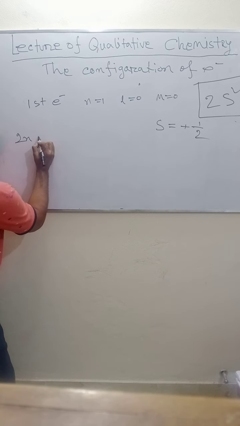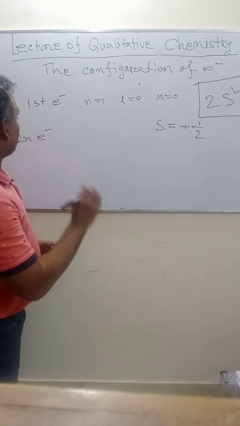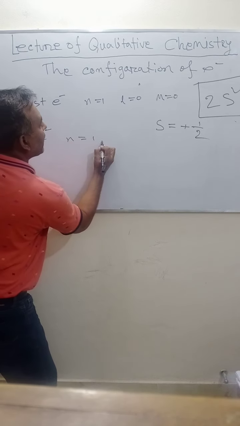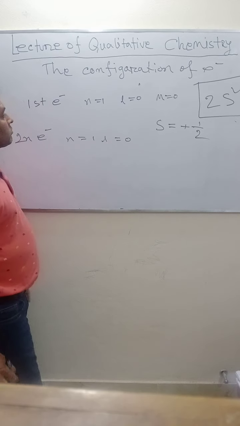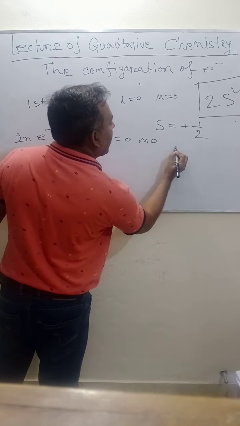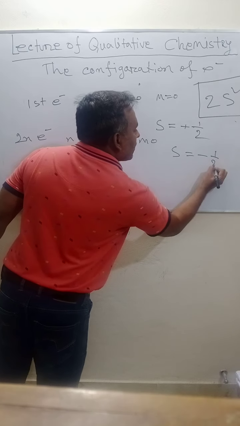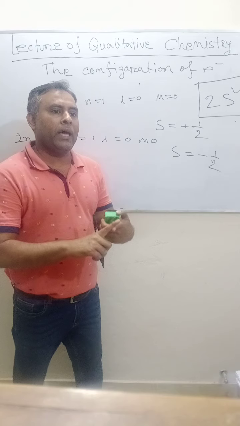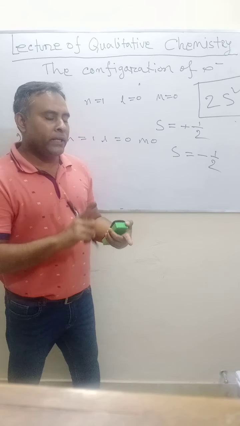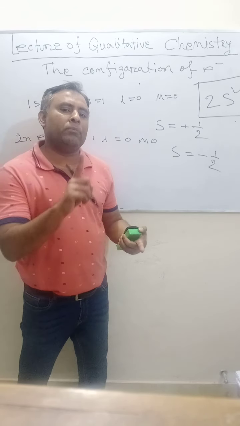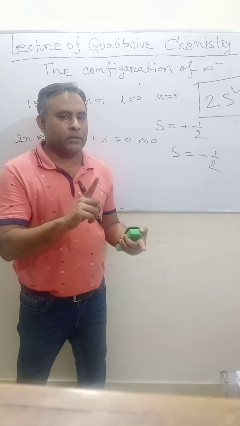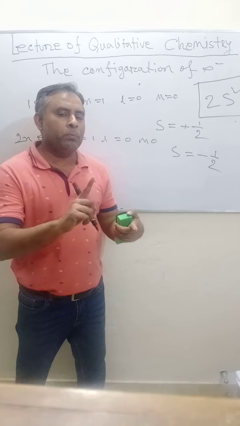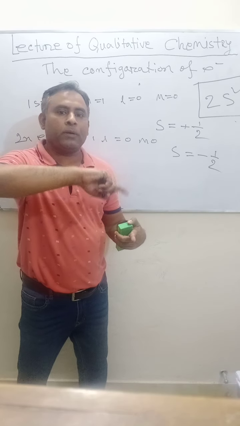Second electron in that atom. For the second electron, n equal to 1, l equal to 0, m equal to 0, s equal to minus half. Because you know that in an orbital, two electrons can be occupied maximum, but those two electrons should have reverse spin.